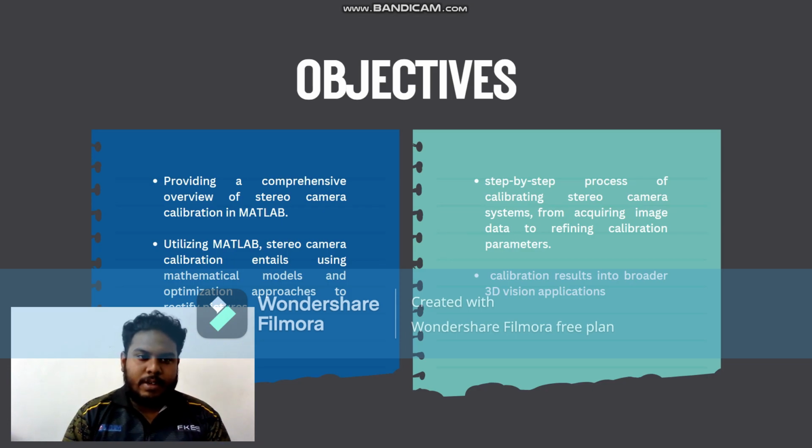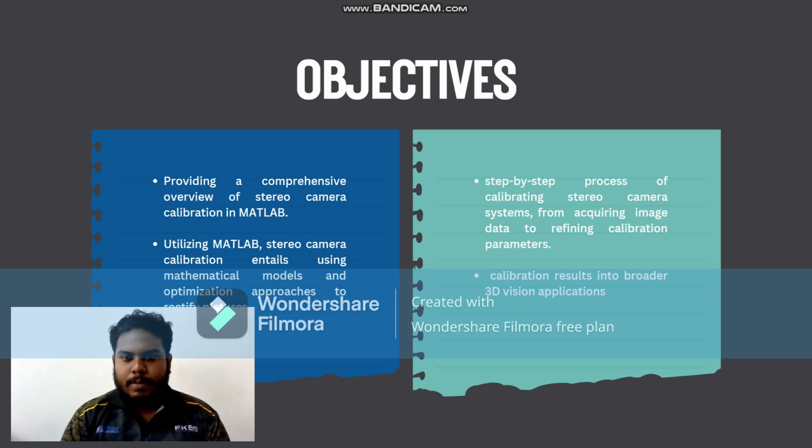So next will be the objectives of the project. That will be the introduction. We should provide a comprehensive overview of stereo camera calibration in MATLAB. We should utilize MATLAB for stereo camera calibration using mathematical models and optimization approaches to rectify pictures.